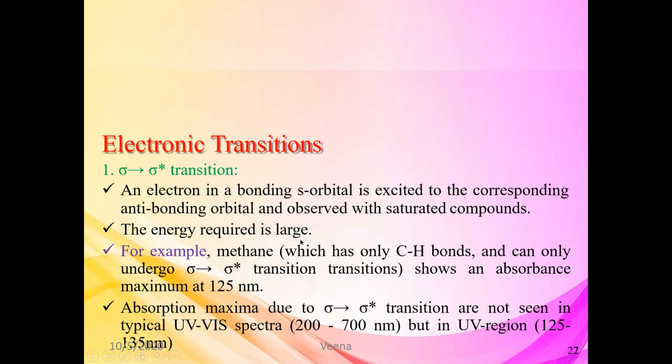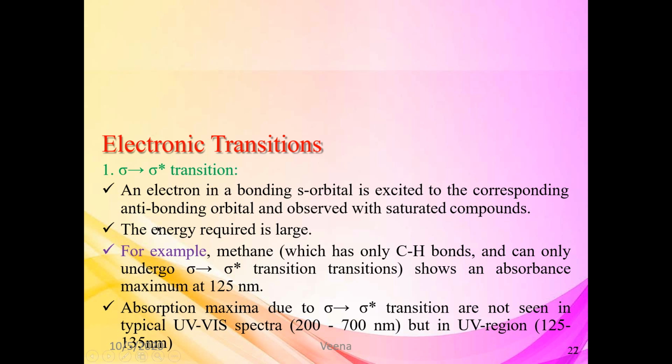For example, if the UV radiation is responsible for causing the excitation of electrons from sigma bonding orbitals to sigma anti-bonding molecular orbital, that kind of transition is called as sigma to sigma star electronic transition.